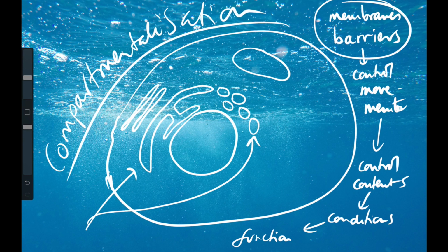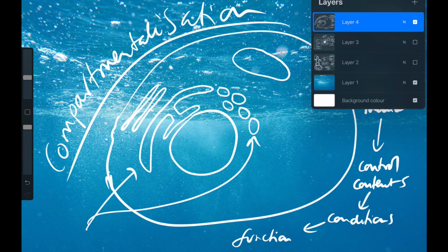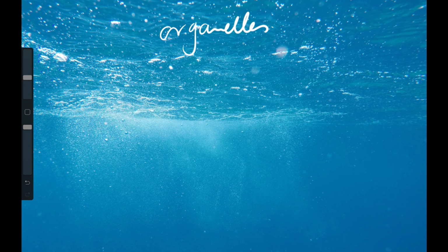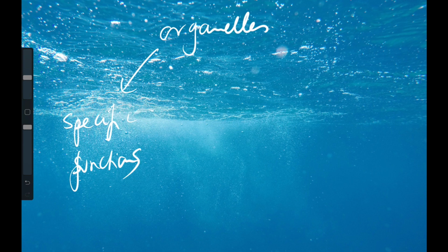Okay, so let's do a quick recap about all this stuff. Why do they exist? Because each organelle should have a specific function and can be specialized. And because each organelle can be specialized and have a specific function, it contributes to the overall function of the cell. So that's reason number one.